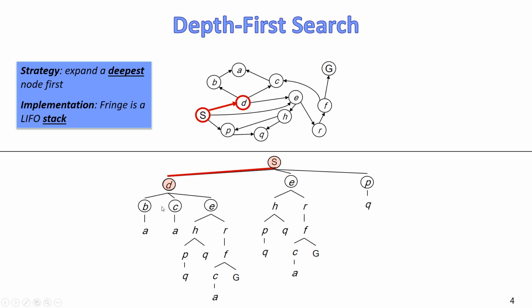Yes, but we have B, C, and E all at the same depth here, and arbitrarily we choose the one that comes first in alphabetical order. Let's assume that we take this tie break rule here. So in this case, it won't be E, it will be B.